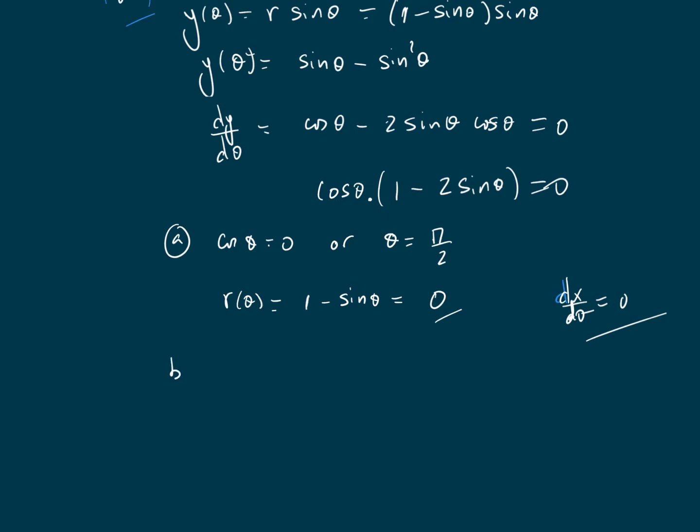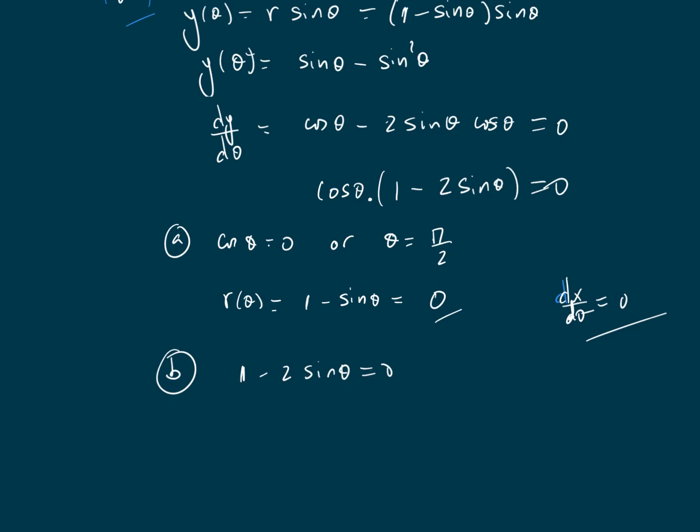Now the other case: the product is 0 when 1 minus 2 times sine of theta is 0.